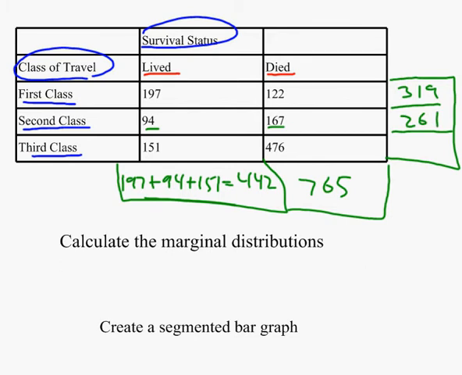And then lastly, 151 plus 476, 627. And then while we're at it, we can get a very important number, something called a table total. So we can get that number there by adding either 442 plus 765 or 319 plus 261 plus 627.